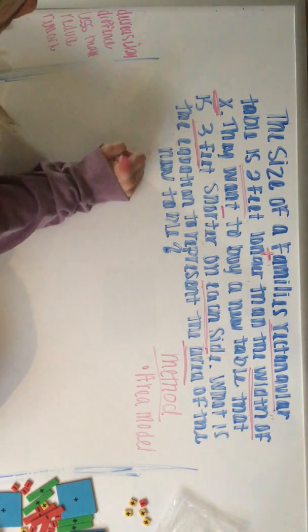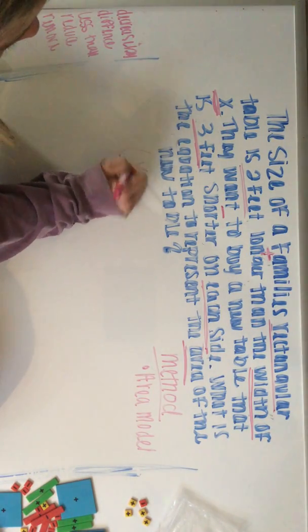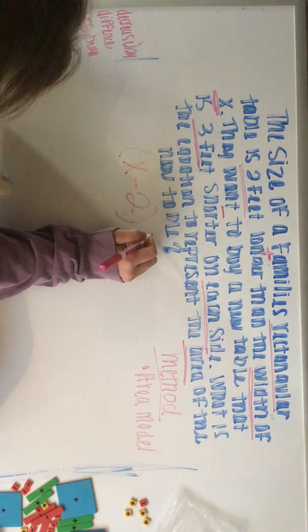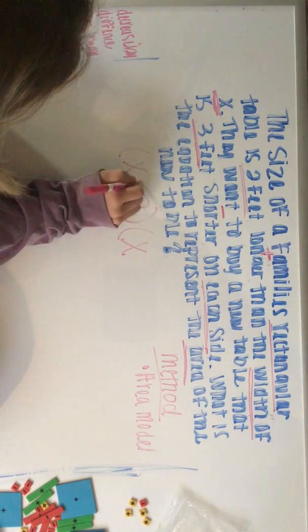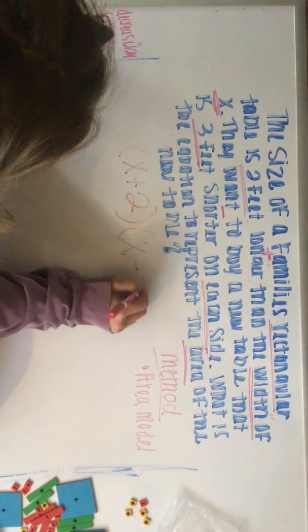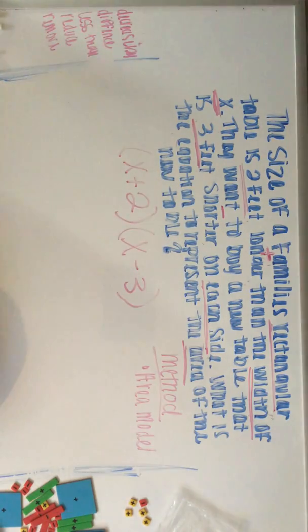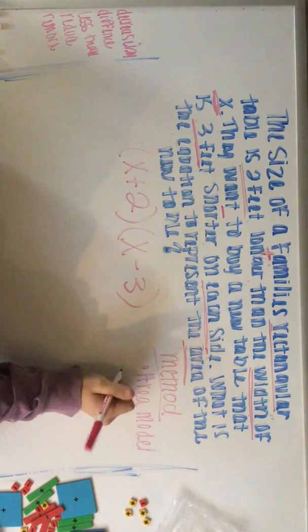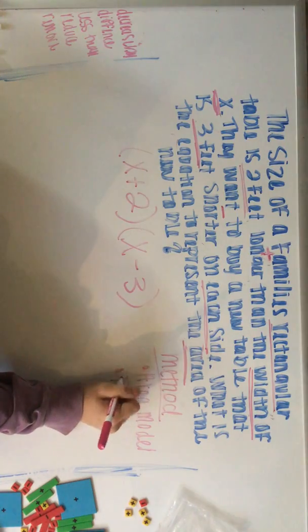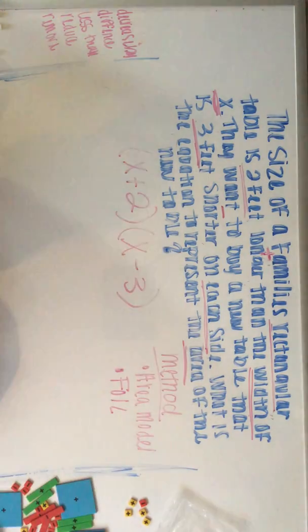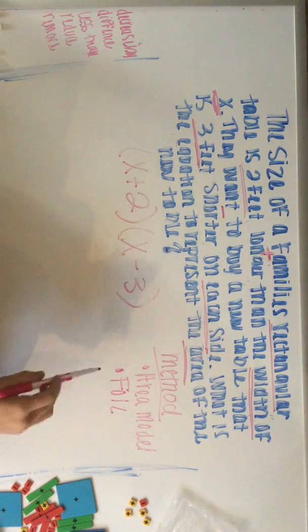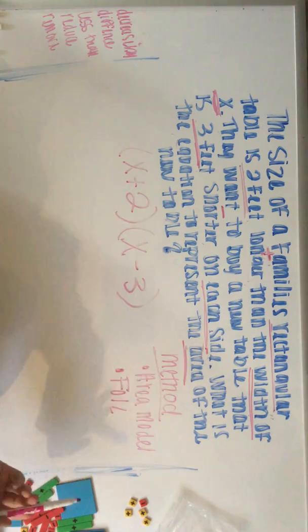We had x minus 2 and x plus 2 and x minus 3, right? All right, so now we're going to go over a method called FOILing. All right, this method, you literally just follow the acronym FOIL.